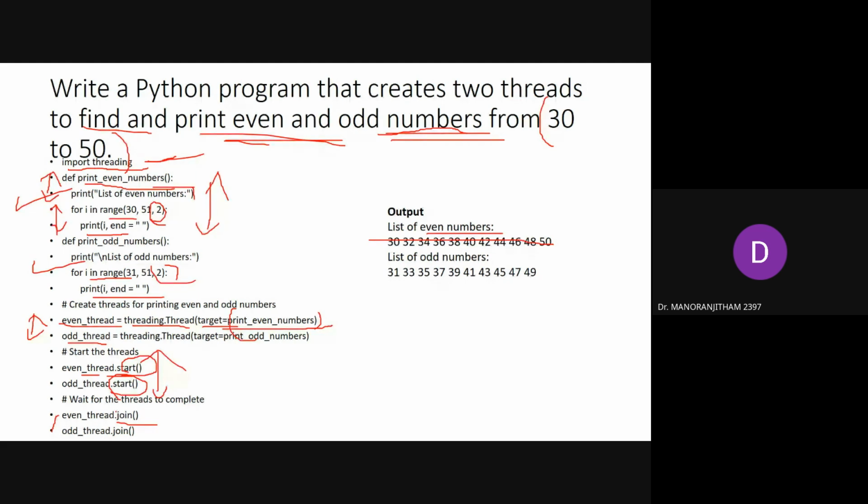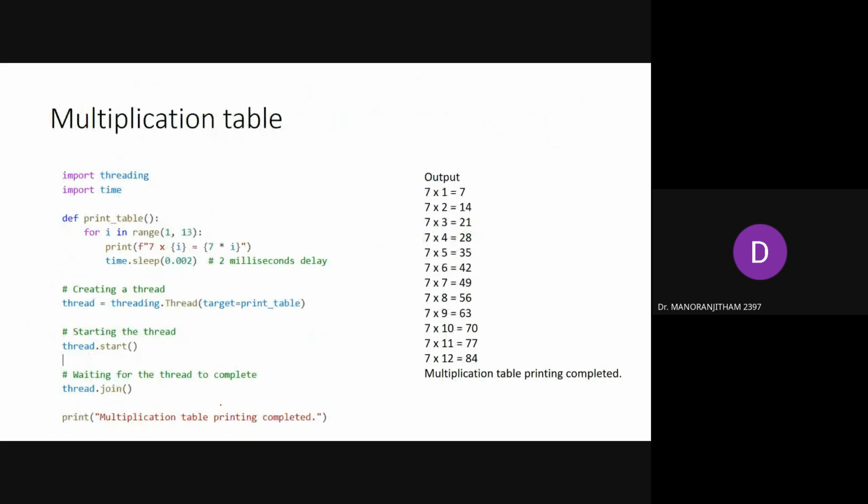That means it has to wait until the other jobs are completed. For example, we have another thread also, so both threads will wait until the completion of these threads. Once the threads have executed, you will get the output. So start is a function, join is a function, and you should know to use start after creating a thread.